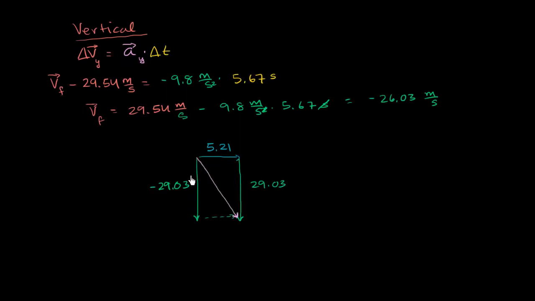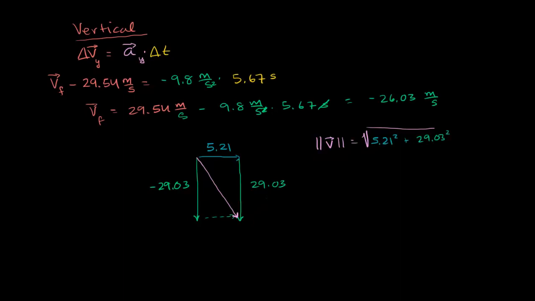So the magnitude of our total final velocity is going to be equal to the square root, straight from the Pythagorean theorem, of 5.21 squared plus 29.03 squared.